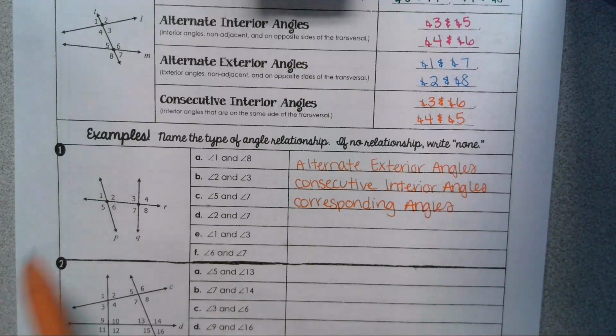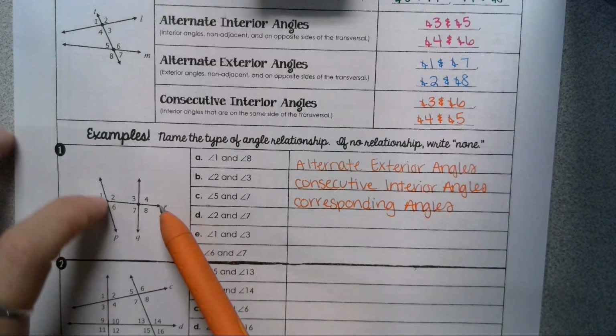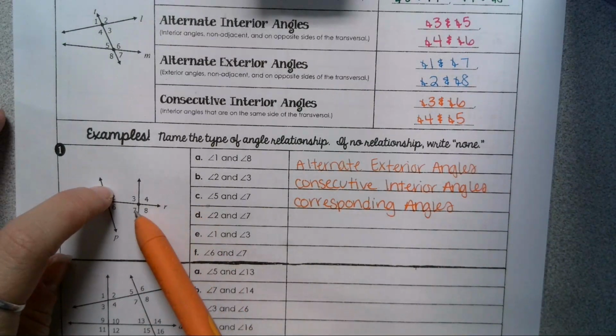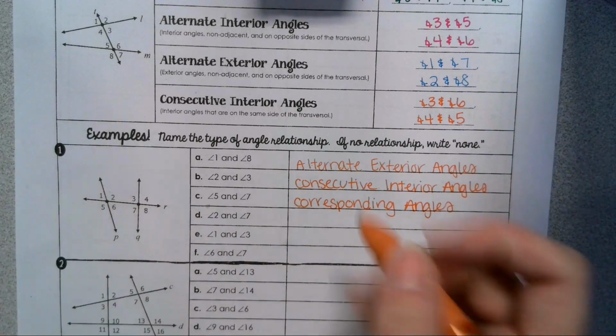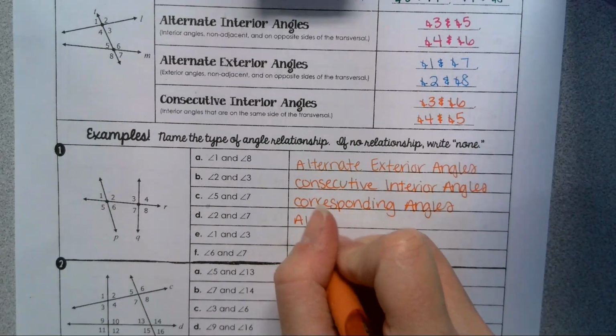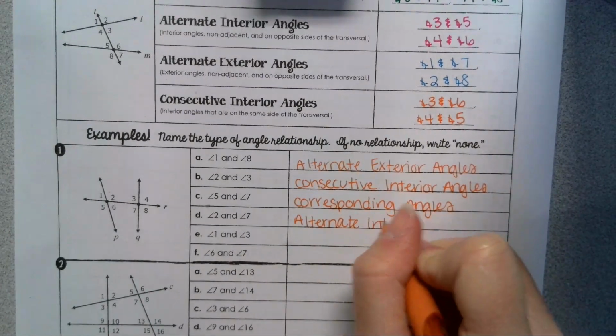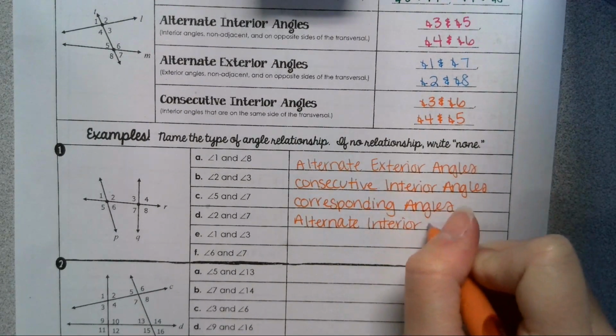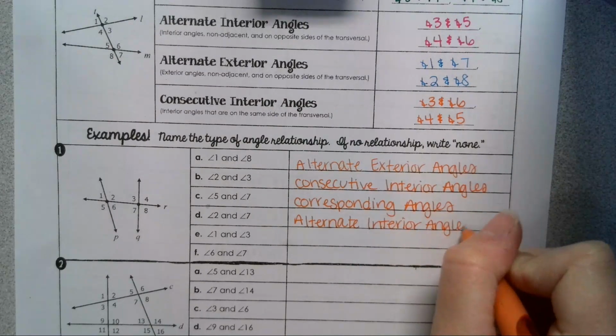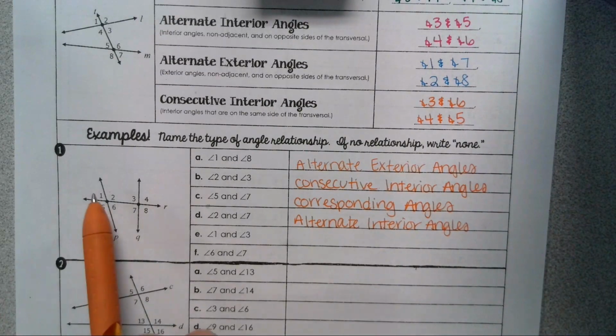2 and 7. 2 is up here on top of the transversal, 7 is down here below. They're both inside, so they are alternate interior. One and 3, we've got 1 up here and 3 up here.